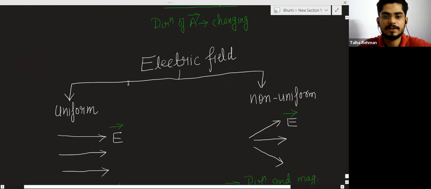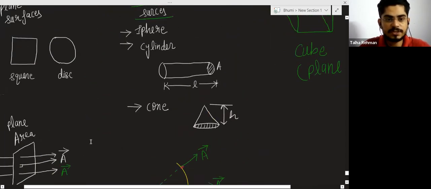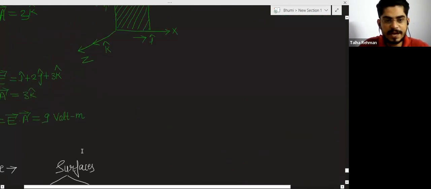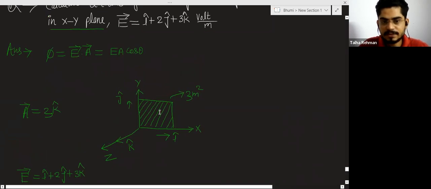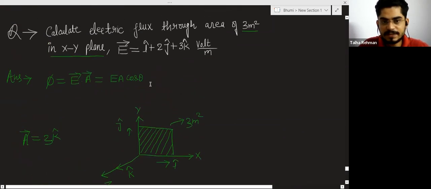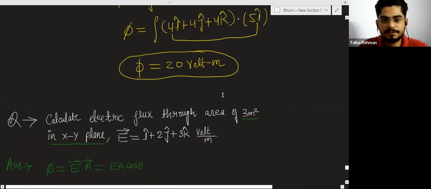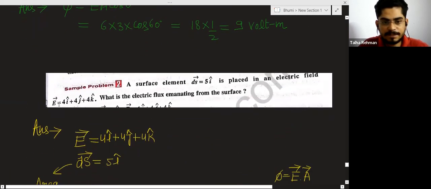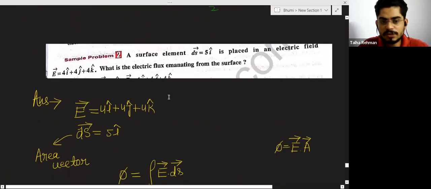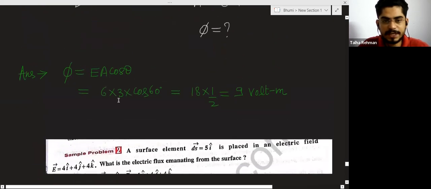And see here, in all these questions, we have a plane surface and a constant electric field. This is also a plane surface and constant electric field.